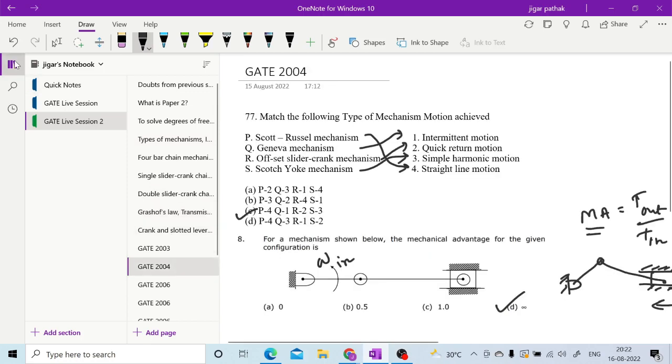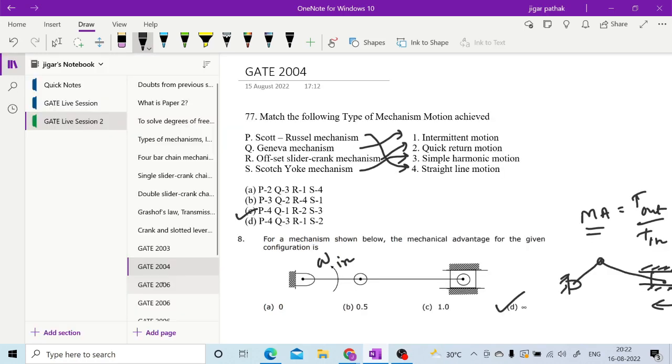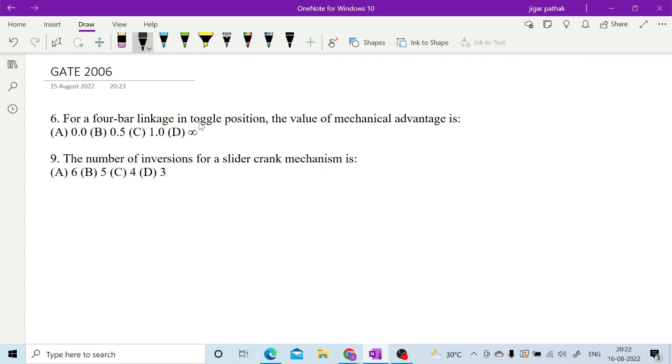Okay, thank you. So after this one, let us go for the next one, that is the 2006 question. Here again it is the toggle position. One second, let me first draw this mechanism.